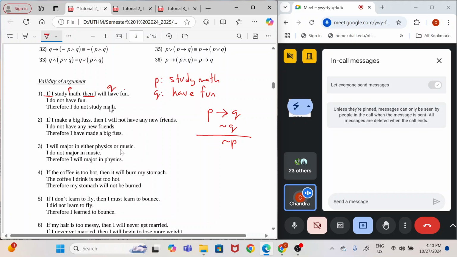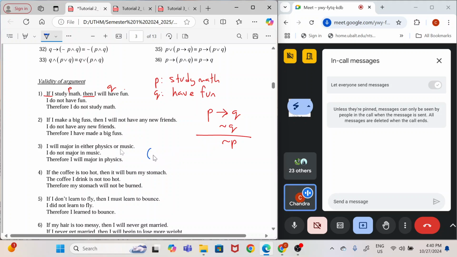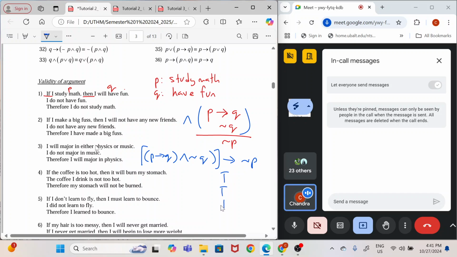Now last class I taught you how to prove this. What you need to prove, you have to find this and, this thing you must put and here implies negate P. If you do the truth table like the one you did here, if all are true, then the argument is valid.